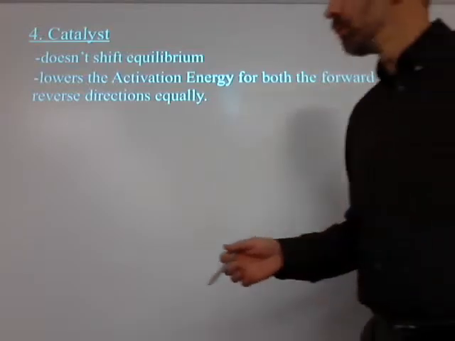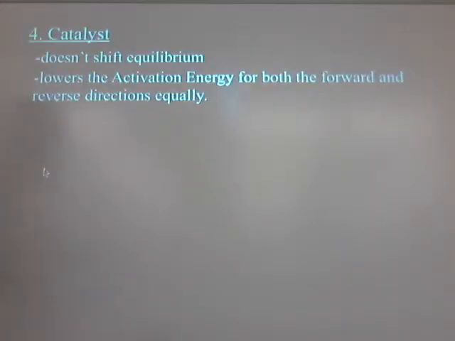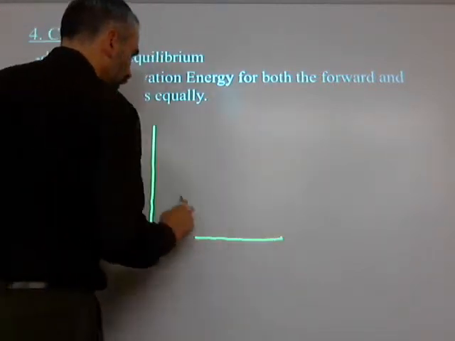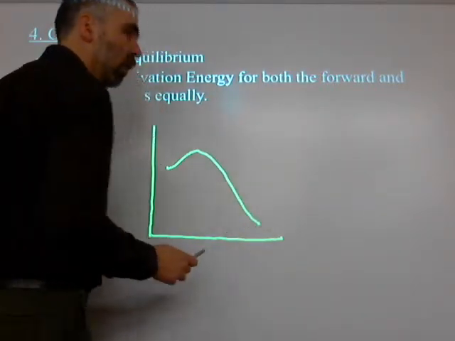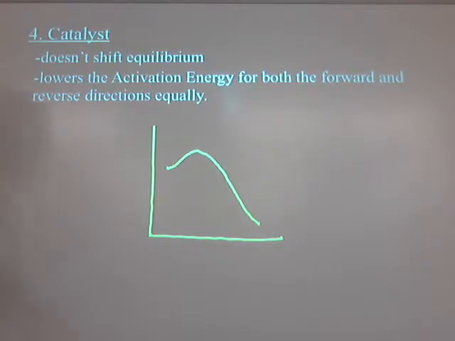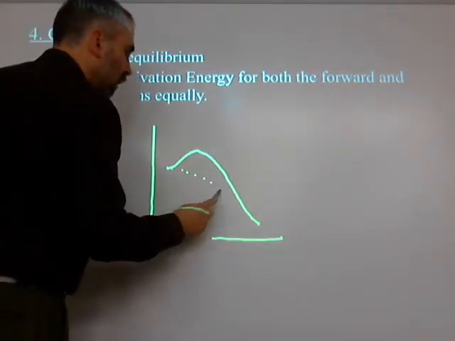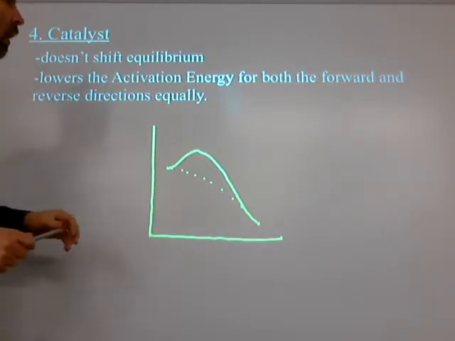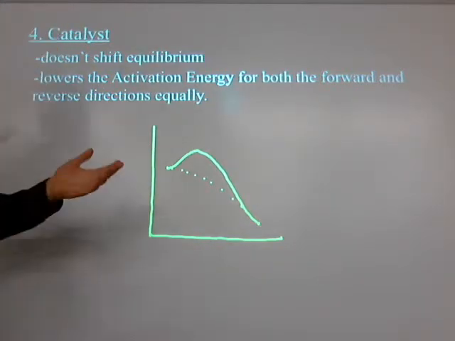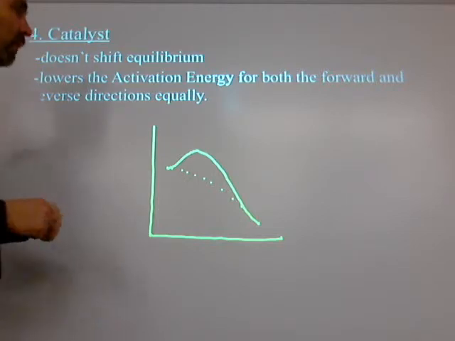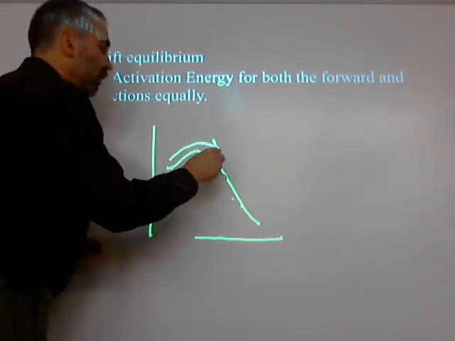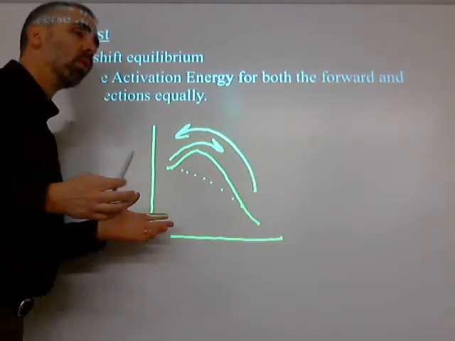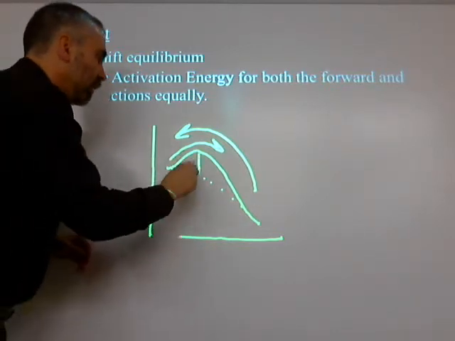You don't have to draw this, but just look here. You've seen this kind of graph a couple dozen times, I think. We know how a catalyst works. It finds a way around that hill, lowering the activation energy somehow. We never really talked about it before, but the fact is, if I have to go this way or if I have to go that way, either way, it's lowered by the same exact amount.